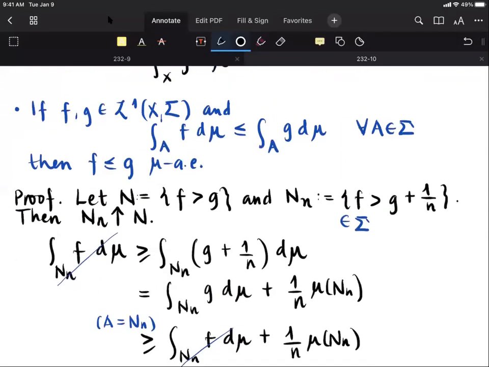Okay, so we have, as I said, some sort of a partial converse of the previous statement. So if the integrals satisfy this inequality for every measurable set A, then the integrands must satisfy the same inequality.